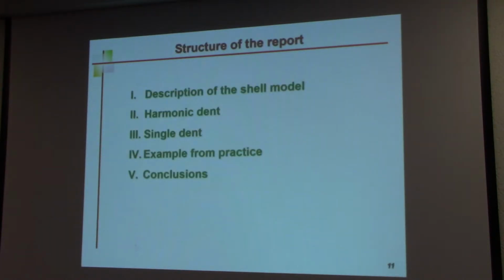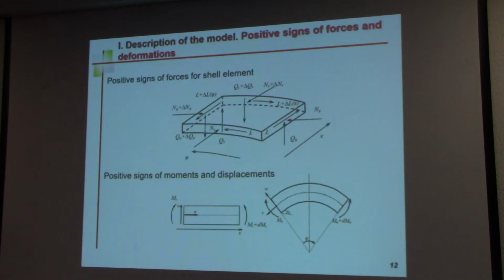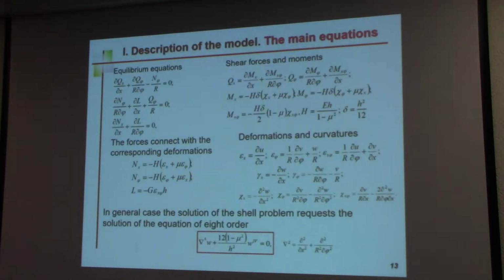Here is the concise content of my report. First I will talk about the mathematical background, then about the harmonic dent, the single dent, and some examples for practice. Here is the sketch of forces and stress resultants, and here are the shell equations based on Donnell-Mushtari thin shell theory.